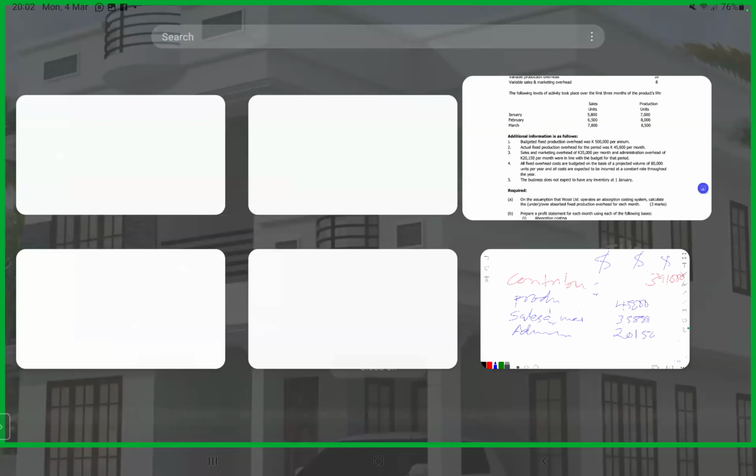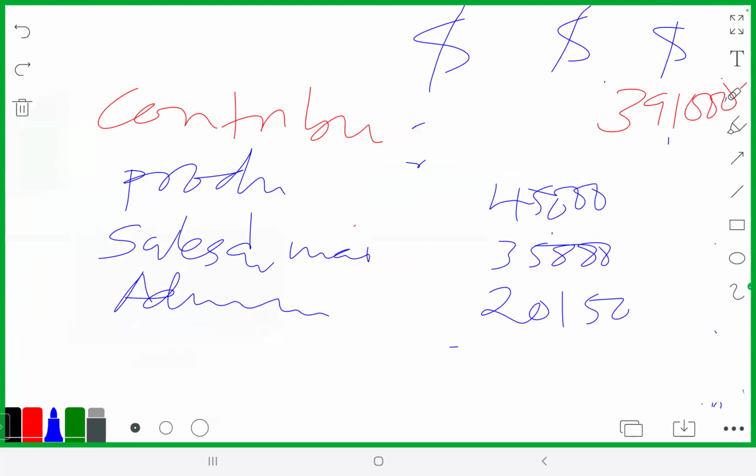So when you consolidate all that, what do you find? It's 100,150.